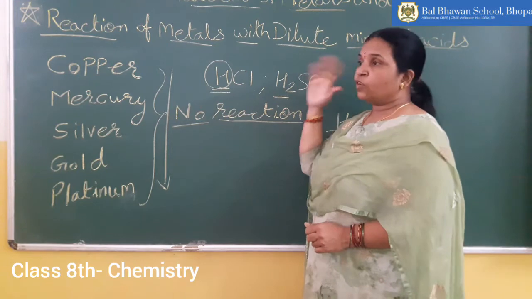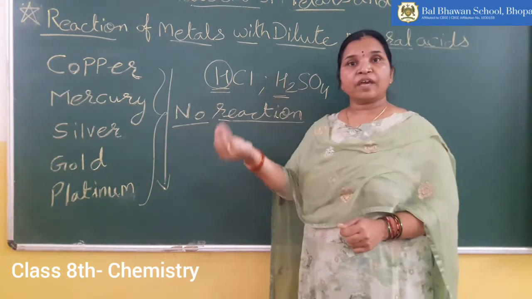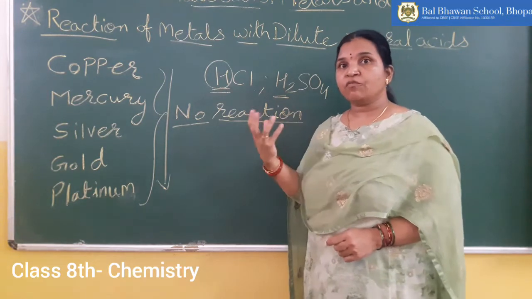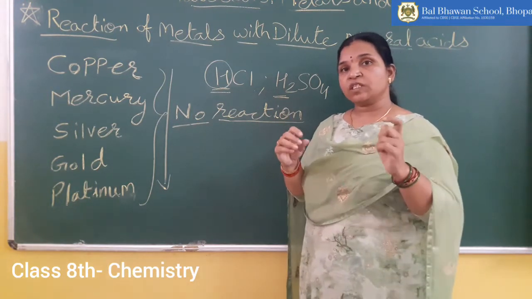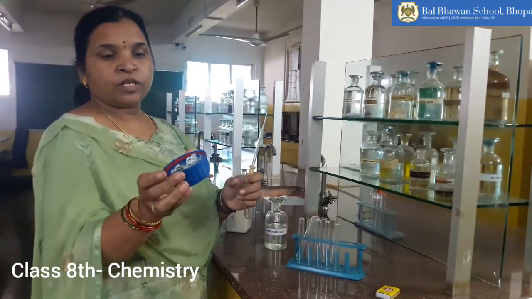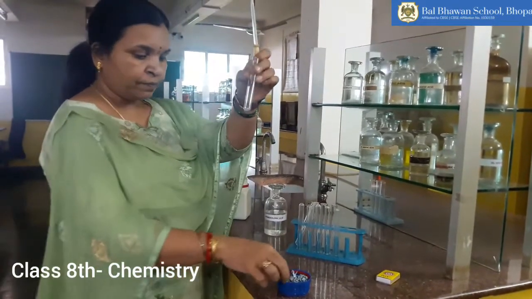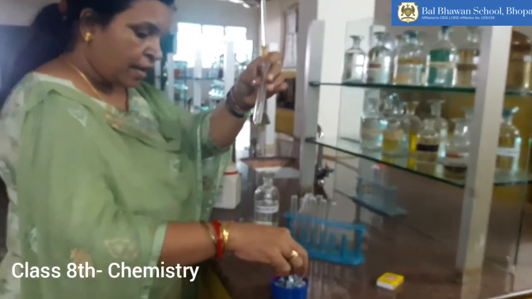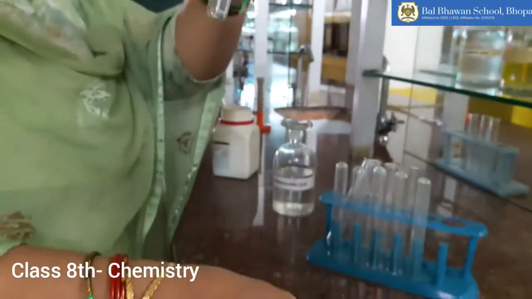Right? So we'll perform an experiment to understand how the gas is evolved and how we confirm that it is hydrogen gas. We'll be performing one small activity in the lab. These are the zinc granules. I'll be taking 1 or 2 granules of zinc in a test tube.